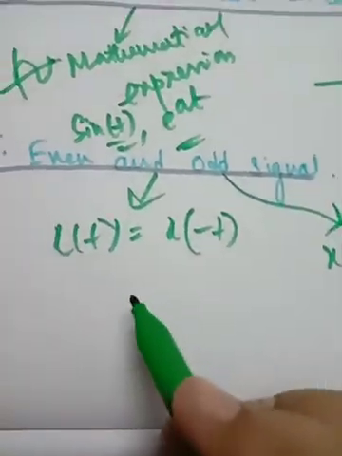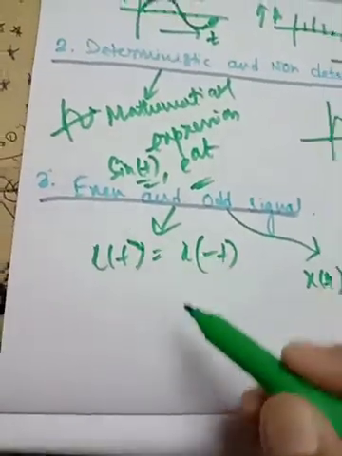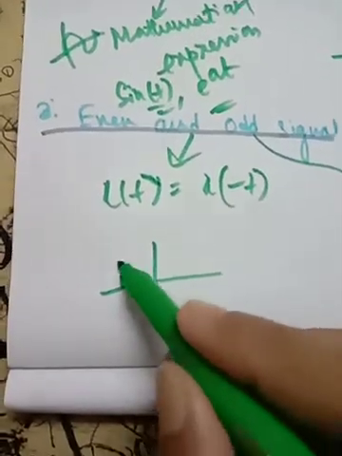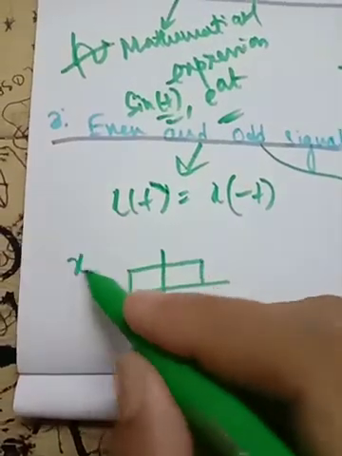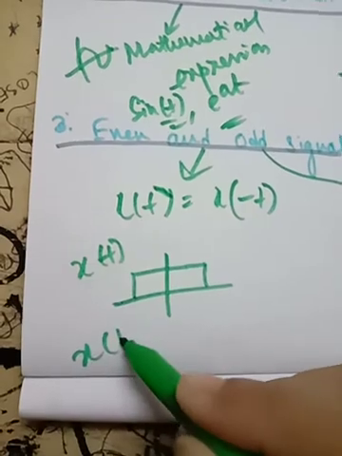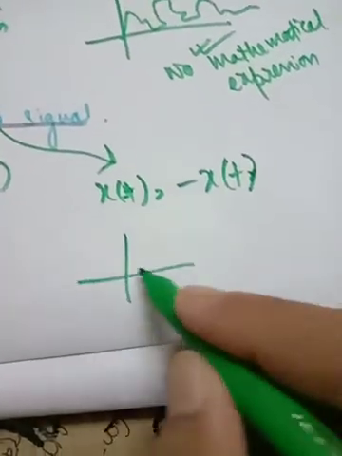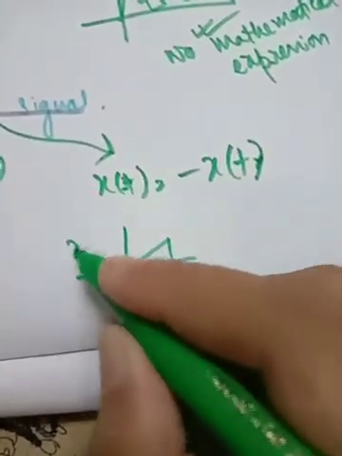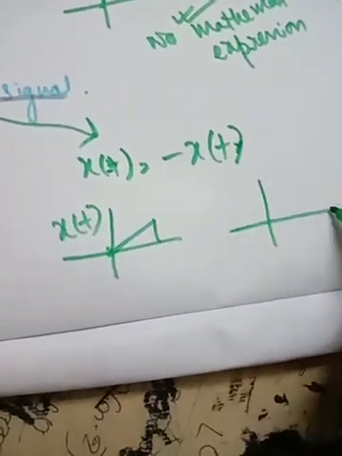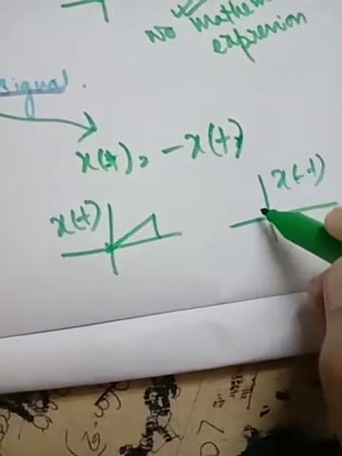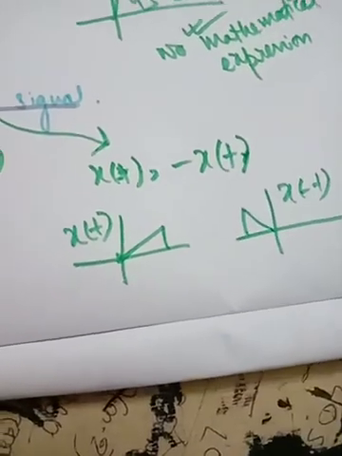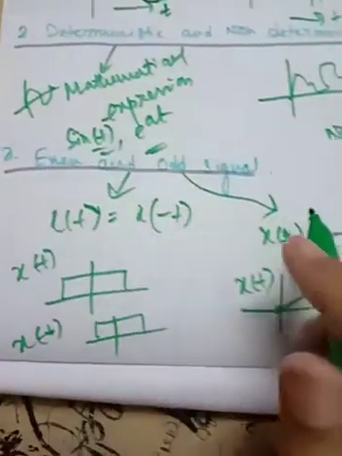So here x(t) and x(-t) are the same. Like if a signal is like this, if it is x(t), x(-t) will also give us the same signal. But if this is the signal of x(t), for x(-t) we will get a signal like this.